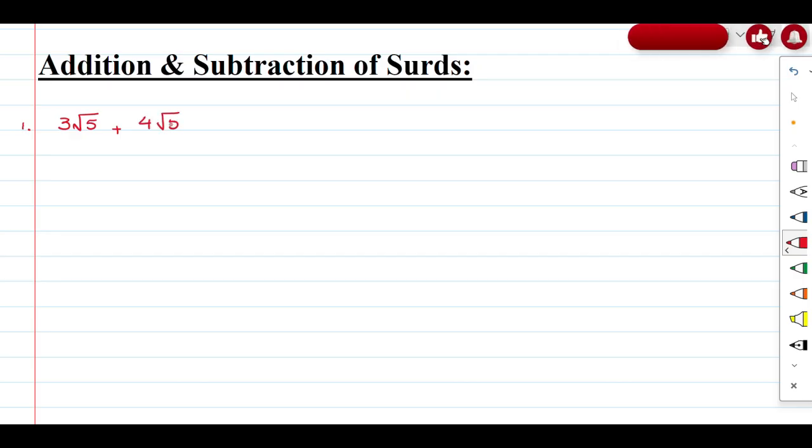square root 5. Now in this addition, the main thing you have to keep in mind is that under this square root sign, the number should be the same. If the number is the same, then you can easily simplify the addition of surds. If the numbers are different, then they should be decomposed. Otherwise, it's not possible.